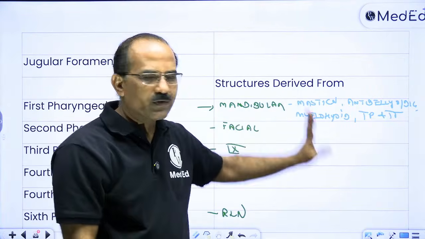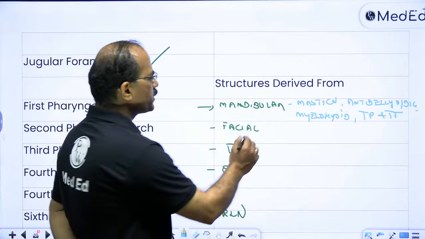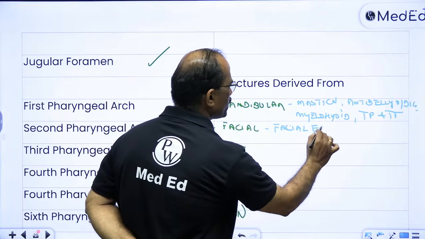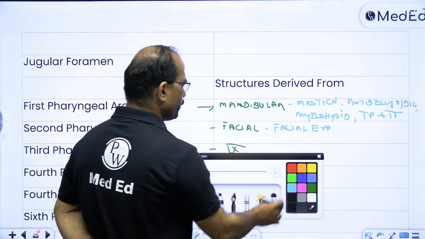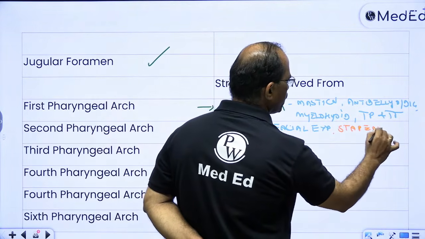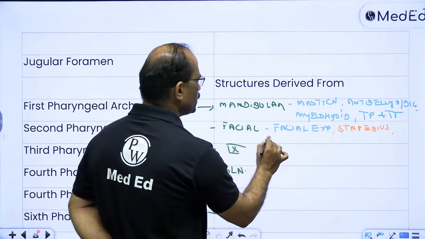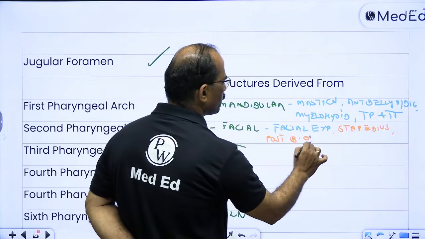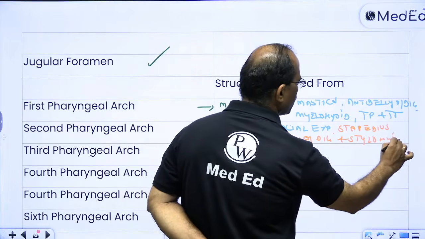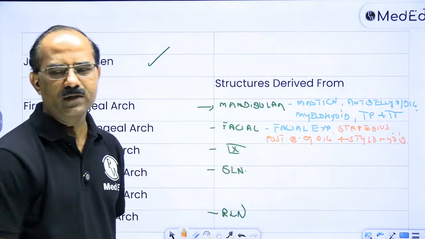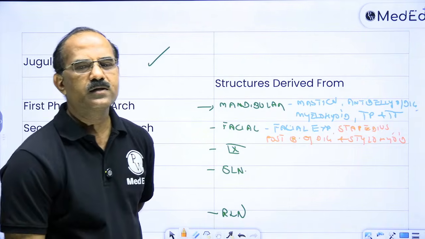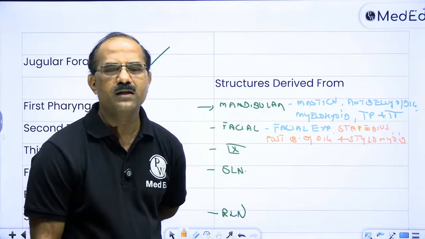Second arch muscles: the muscles of facial expression, stapedius, the posterior belly of digastric, and the stylohyoid. Remember this, they ask all this in MCQs.